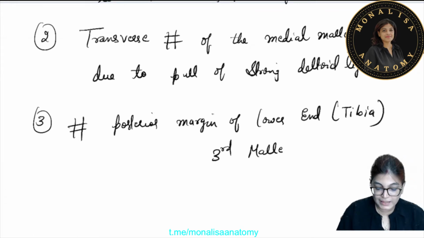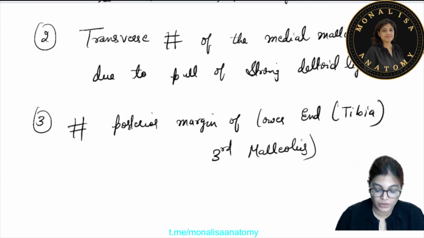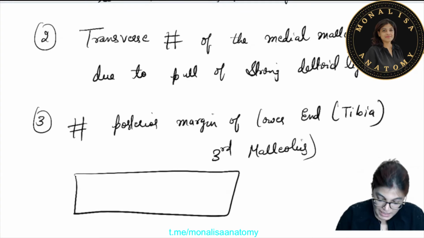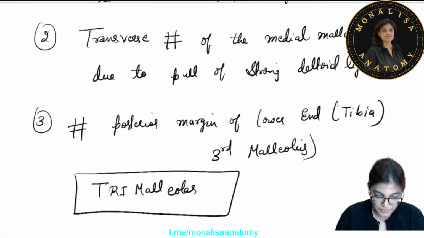So when there is involvement also of the posterior margin of lower end of tibia, these types of fracture together are called trimalleolar fracture. So when all the 3 parts are involved, this type of fracture is called trimalleolar fracture.